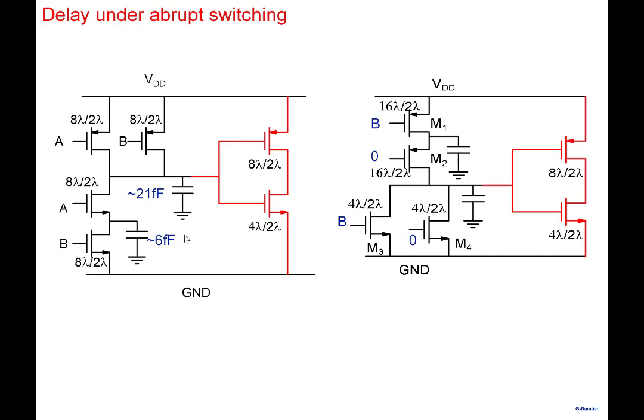The internal capacitance was 6 femtofarad. Same thing if we do for the NOR gate, we lump up all the capacitances here: 23.3, not too much larger compared to this 21 femtofarad. But the internal capacitance, 11.4 versus 6, is significantly higher. All right, so that's what you note about the capacitances when you compare the NAND gate versus the NOR gate.